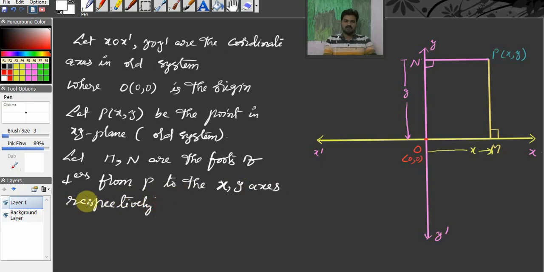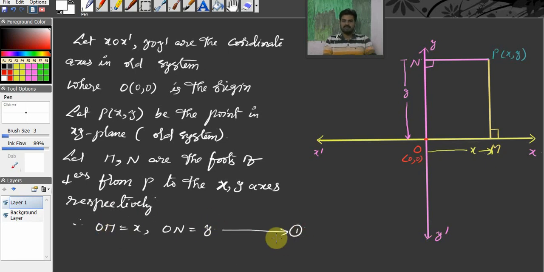So the x coordinate of the point P will be equal to the distance from the origin to the foot of the perpendicular of P on the x-axis. That means OM is equal to small x, ON is equal to small y. Let it be equation 1.